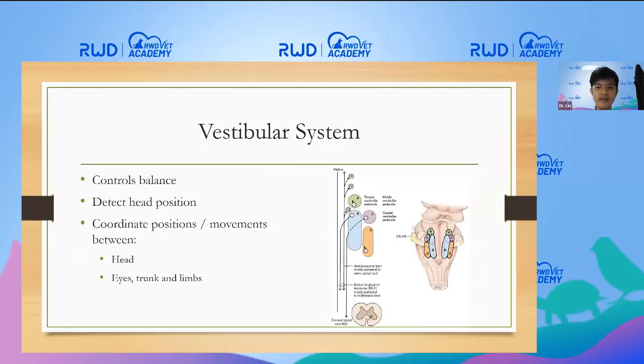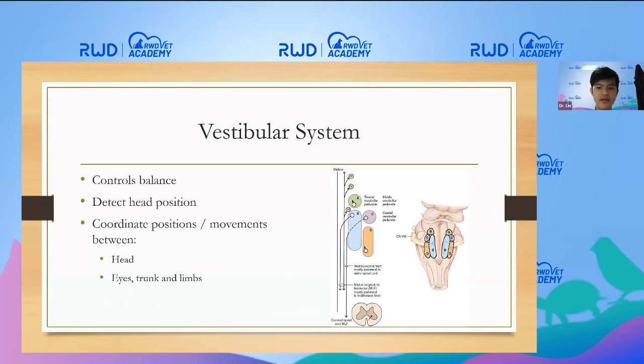The vestibular system controls balance and tries to prevent the animal falling over. Control of balance requires tiny changes in the position and movement of the body and the eyes depending on the position and movement of the head. The balance sensors detect the position of the head in space while the animal is standing at rest or when it is moving.